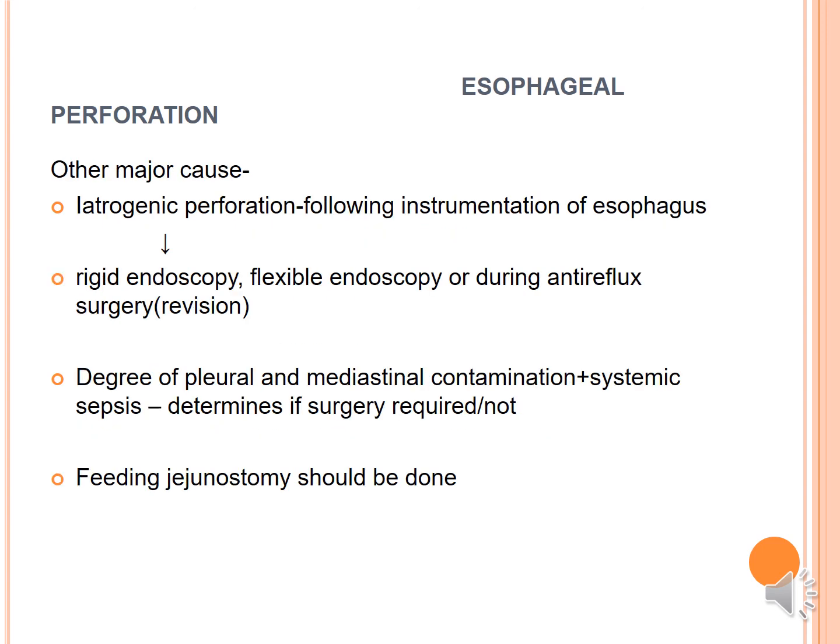Other major causes are iatrogenic perforation following instrumentation of the esophagus and rigid endoscopy, flexible endoscopy, or during anti-reflux surgery. Degree of pleural and mediastinal contamination plus systemic sepsis determines if surgery is required or not. And then feeding jejunostomy has to be done.